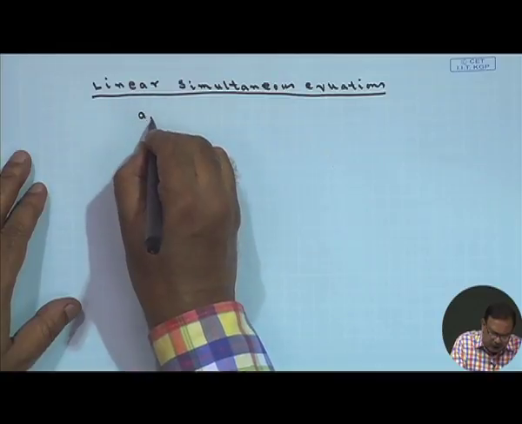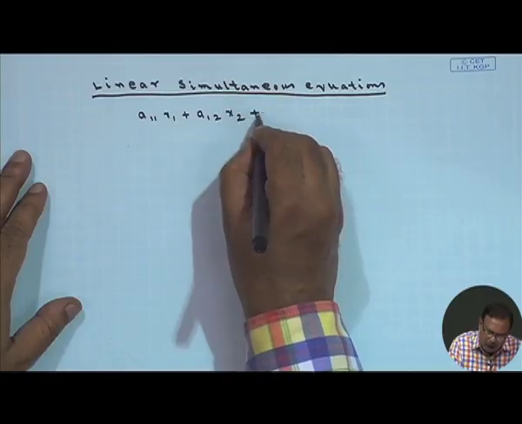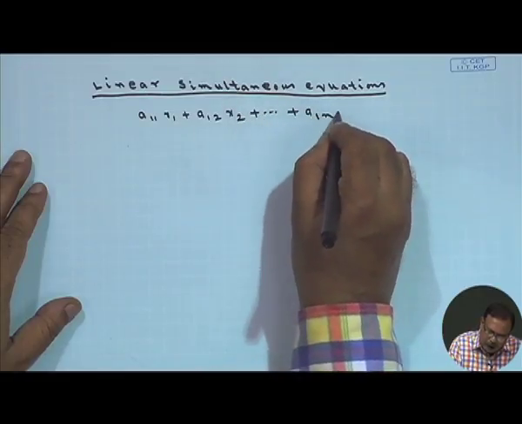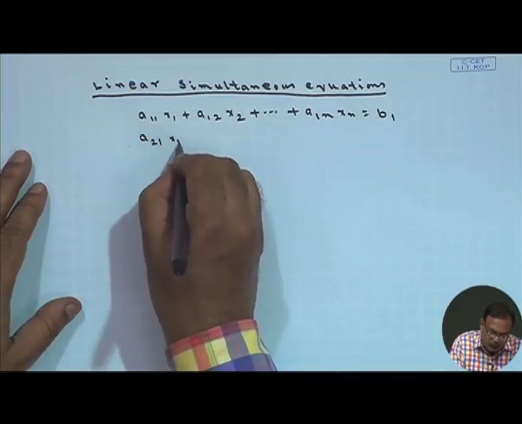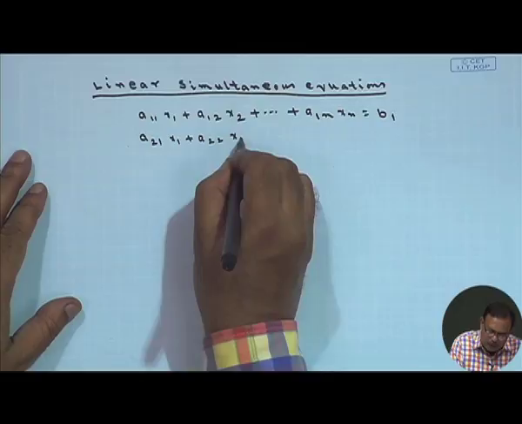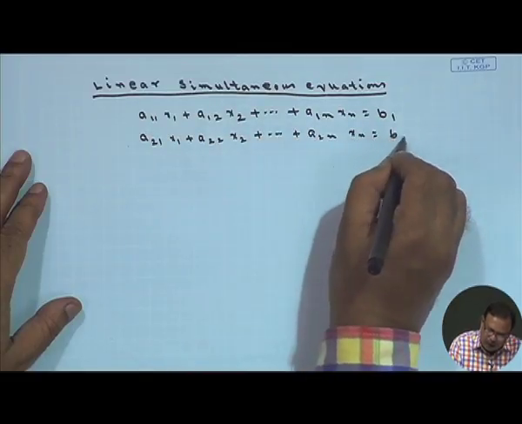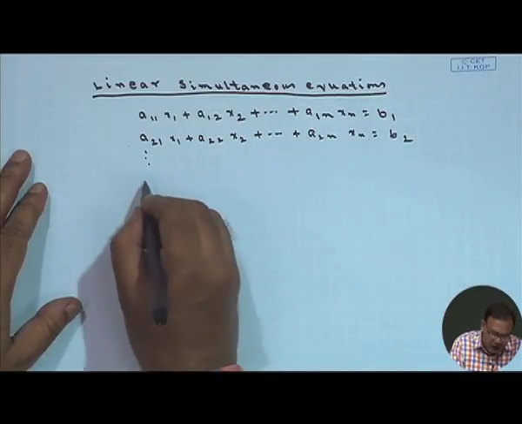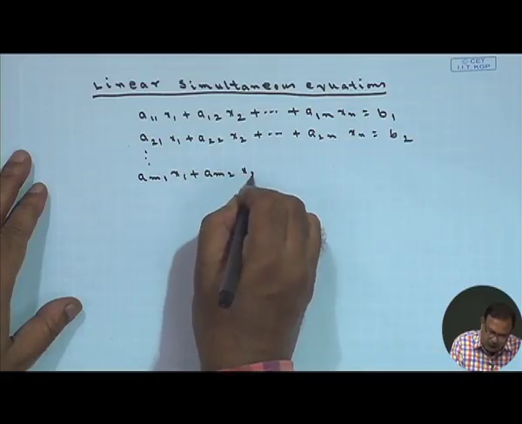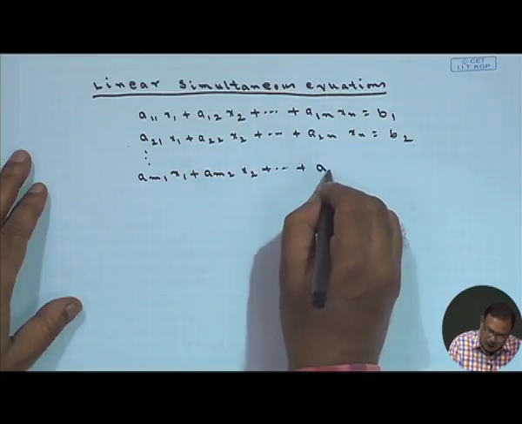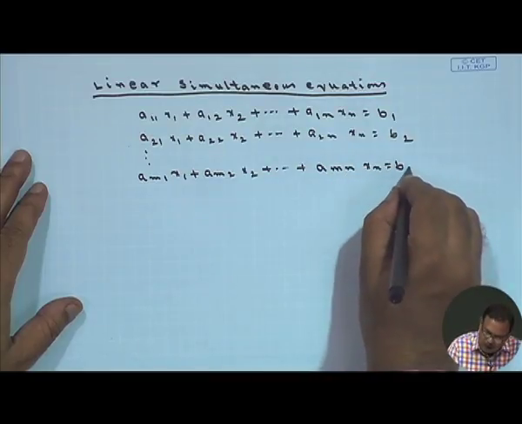Let us think about a set of equations: a11 x1 plus a12 x2 plus up to a1n xn equals b1, a21 x1 plus a22 x2 and in this way plus a2n xn equals b2, and so on up to am1 x1 plus am2 x2 plus amn xn equals bm.